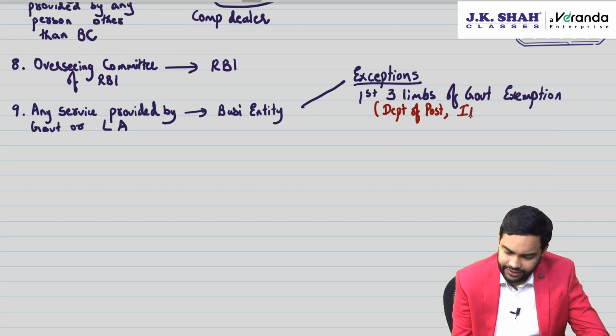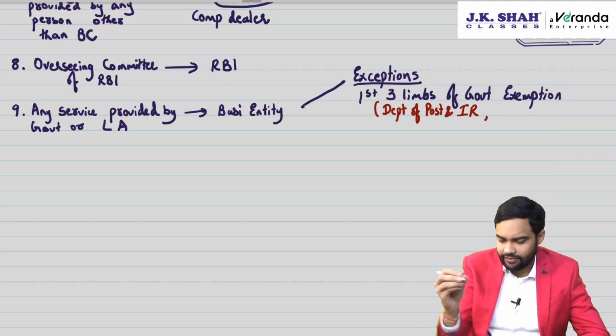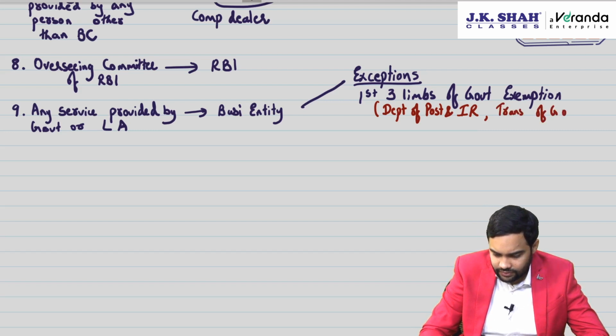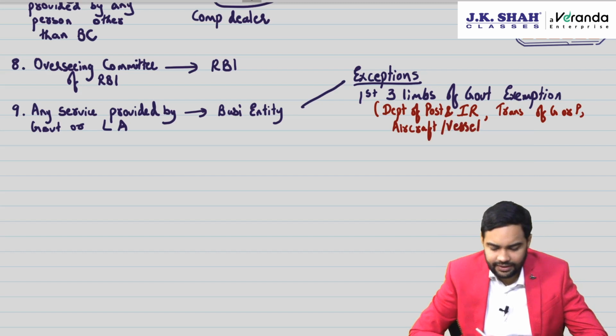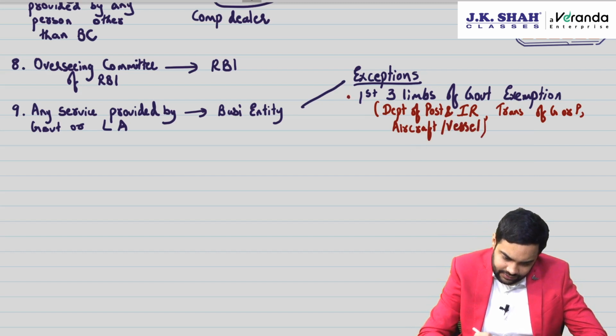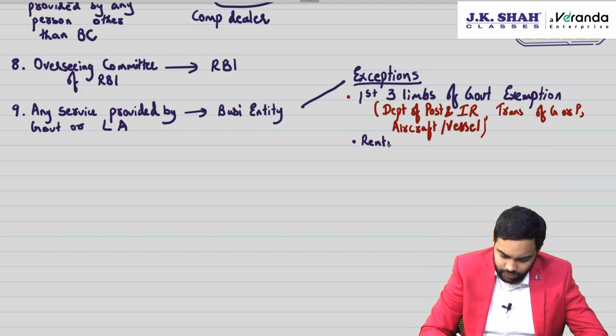In this point, Indian Railways was also there. Then we had transportation of goods or passengers, and then service in relation to aircraft or vessel, whether inside or outside the port. These three are excluded. Then the second exclusion is renting of immovable property.